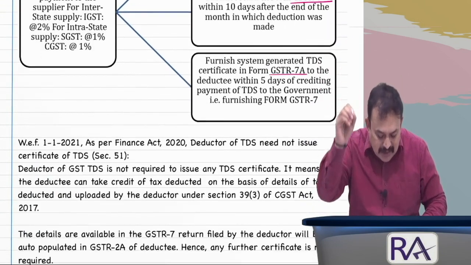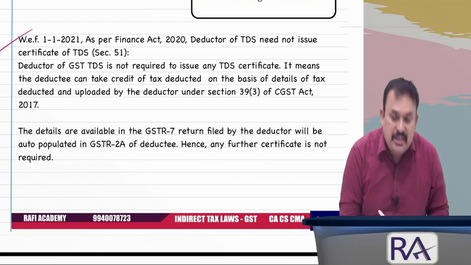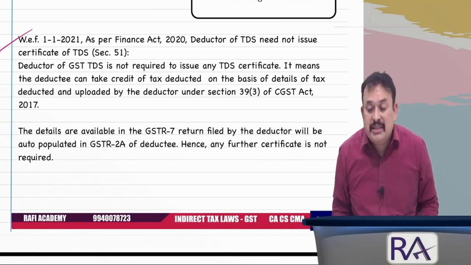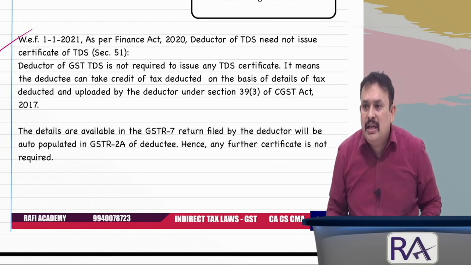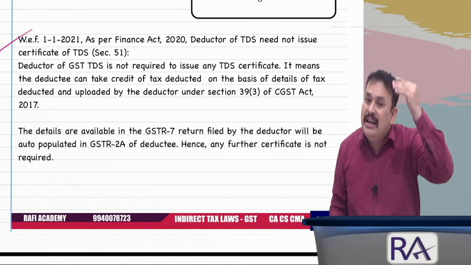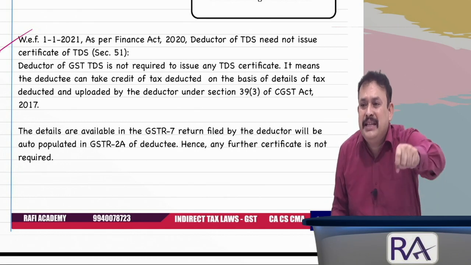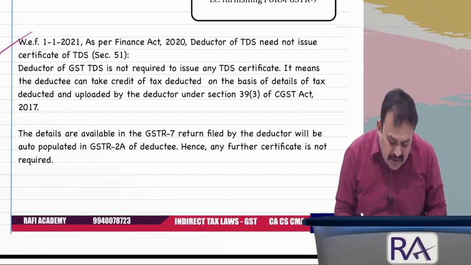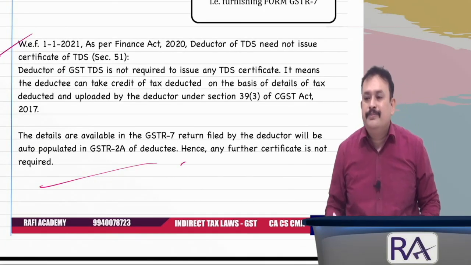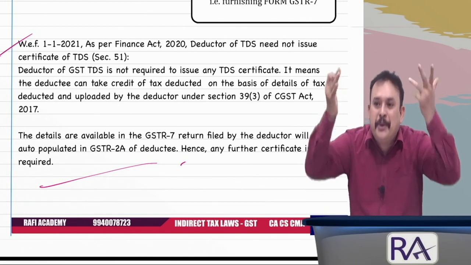Now there is an amendment in the Finance Act 2020, with effect from 1st January 2021. When GSTR 7 is filed by the deductor, it is auto-populated in the GST PMT-05 electronic cash ledger of the deductee. Then why should the certificate of TDS deduction in Form GSTR 7A be issued? So GSTR 7A is not required to be issued, and thereby for non-issuance of GSTR 7A there is no penalty today.